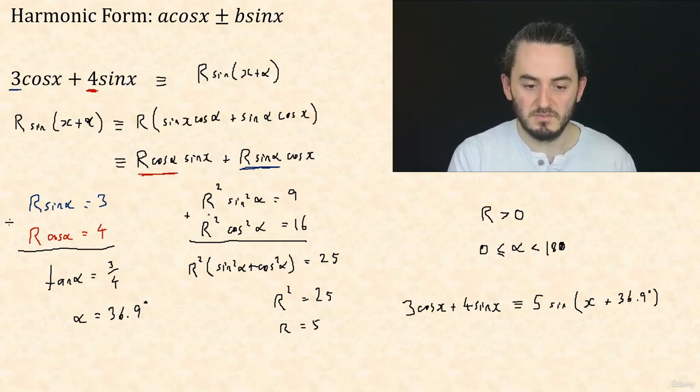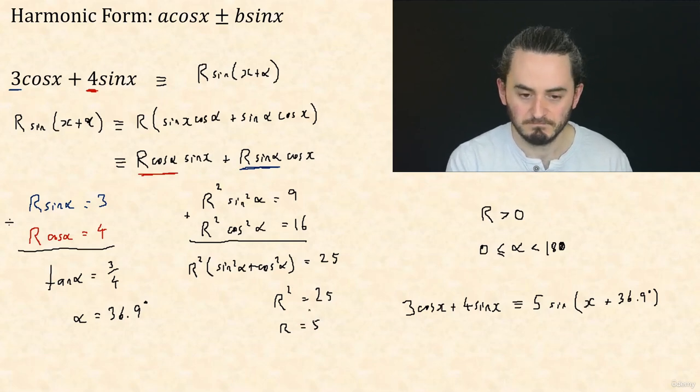What you'll notice here is that effectively what we've done is Pythagoras on 3 and 4, right? 3 squared plus 4 squared equals 5 squared. So you can skim over this one by just showing clearly that you know that the r value is just the hypotenuse of a triangle if we had 3, 4, and then 5.